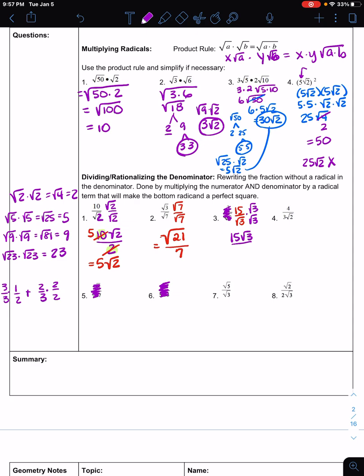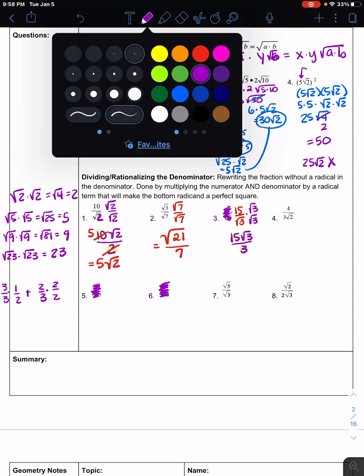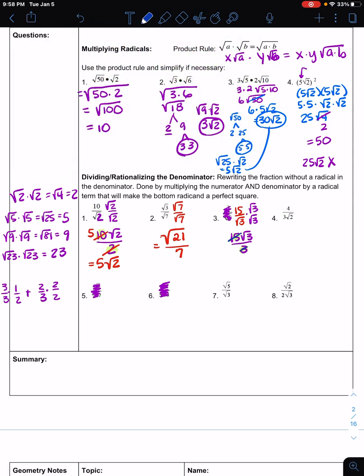Root 3 times root 3 is root 9, which is 3. Now, always look at your numbers on the outside. Notice I have 15 and a 3. The 3 in the denominator cannot cancel the 3 underneath that square root because it's not actually worth 3. It's actually the square root of 3, which is 1.73. But I can cancel that 15 and that 3 right there. 3 goes into 3 one time, 3 goes into 15 5 times, so my final answer is 5 root 3.